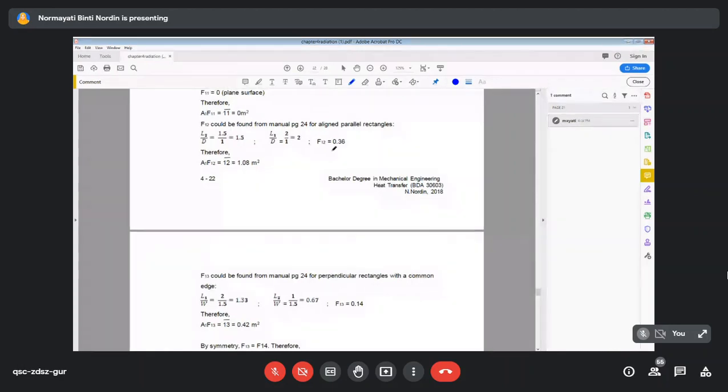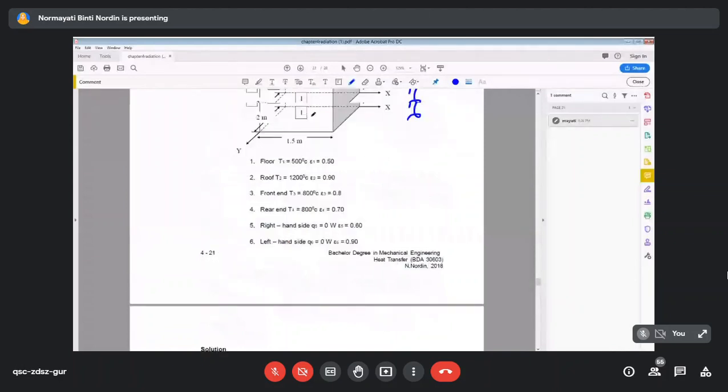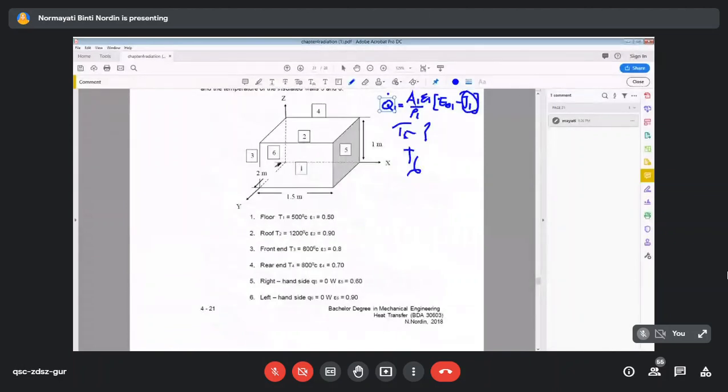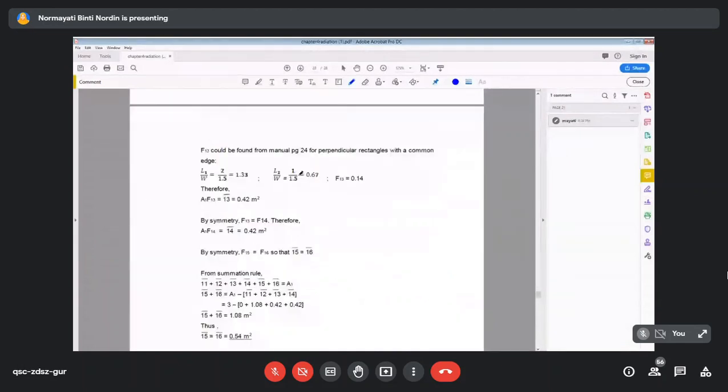That's 1 to 2. Then you have 1 to 3. For 1 to 3, we can see here it is an L shape from the floor to the front end. So you refer to the L shape chart to get the view factor and exchange area.